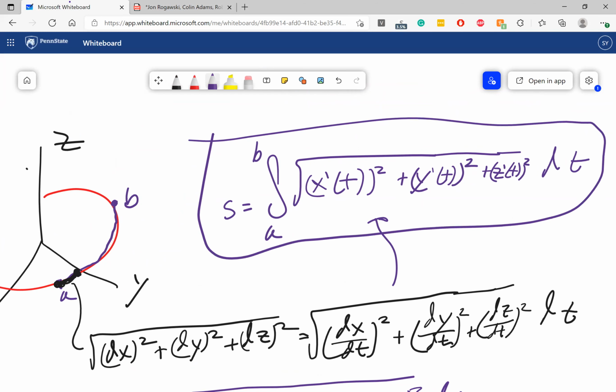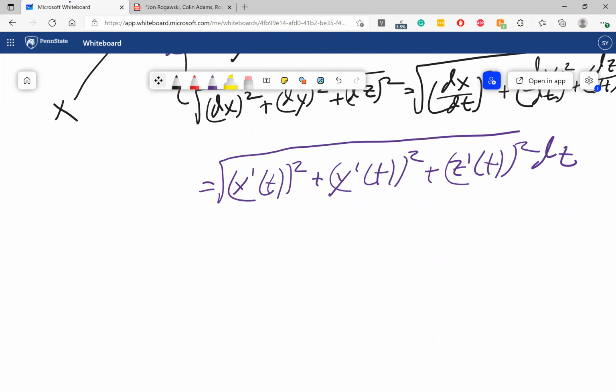So that's one way of thinking of this formula. Another way of thinking of it is this: S is equal to the integral from a to b of the magnitude of r prime of t dt, where r is the curve.